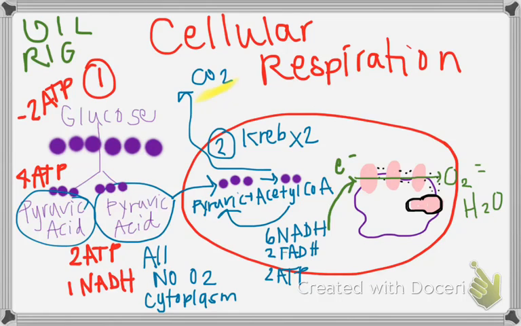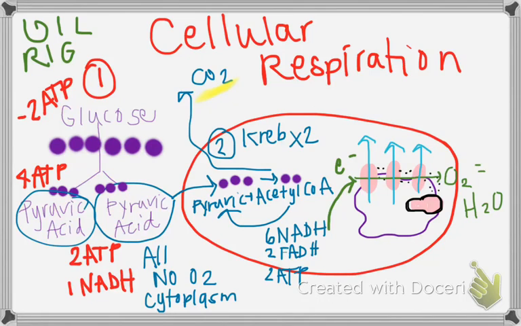Well, as they go down the electron transport chain, you know what's happening. Hydrogen molecules are pumped out of the cristae into that space in between the cristae and the mitochondria.